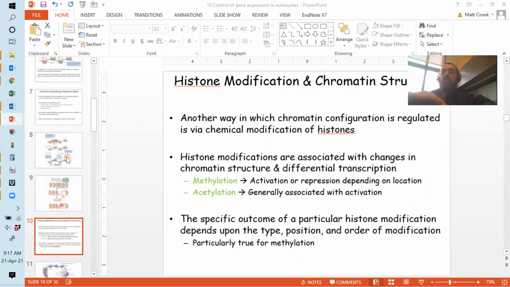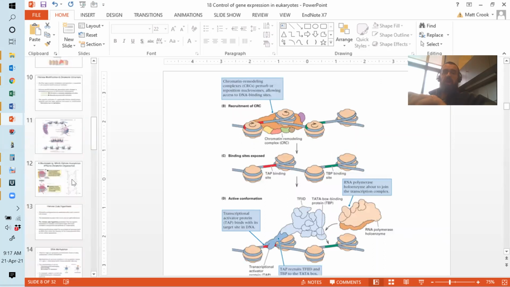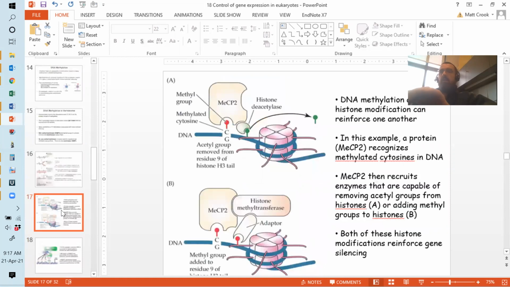So we can use that to recruit chromatin remodeling complexes. And there's a good example down here. We can also have an interaction between the methylation of DNA and the modification of histones, right?